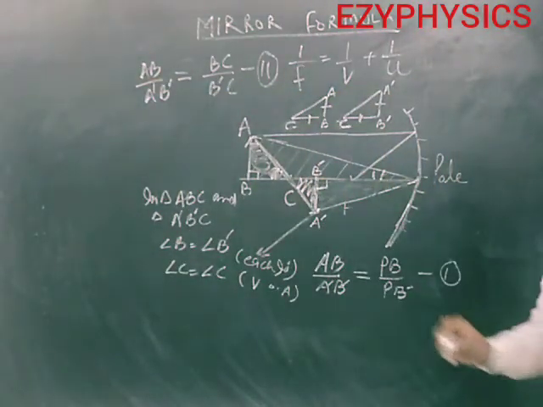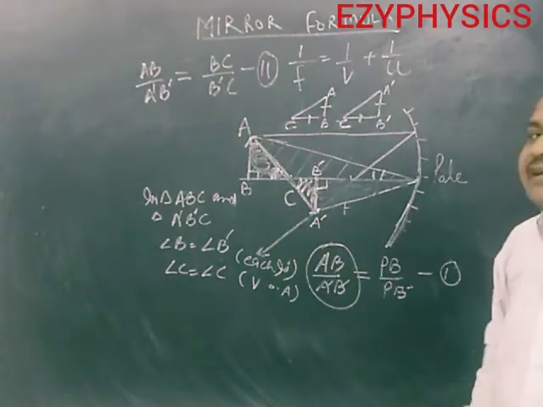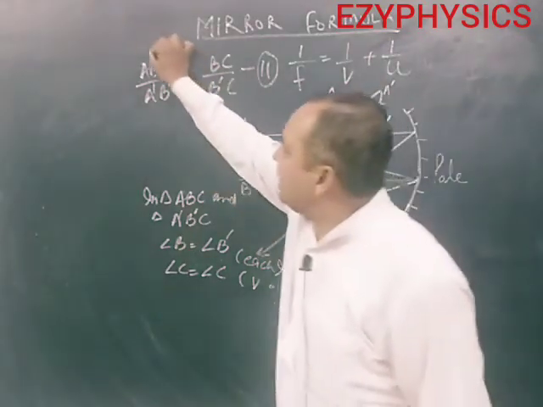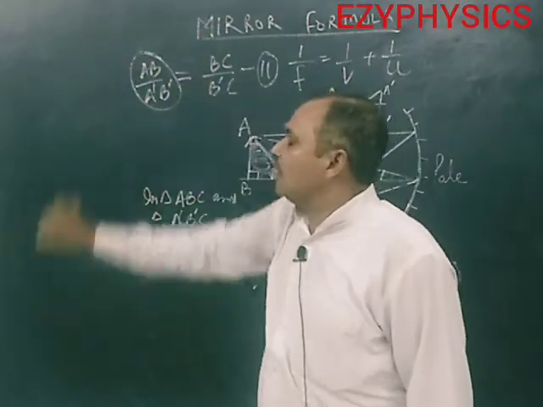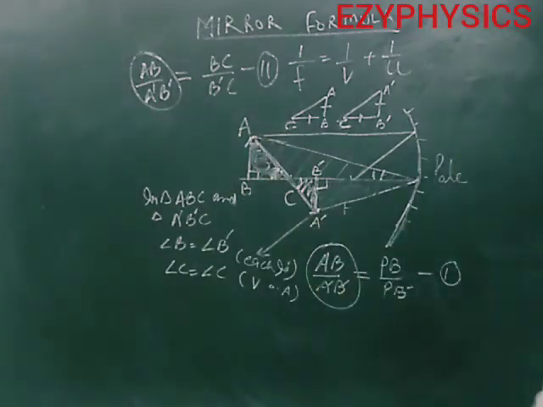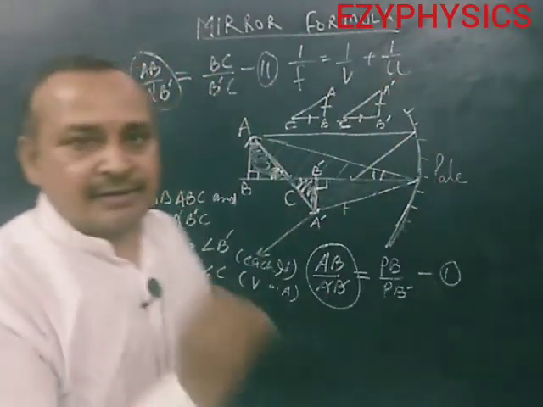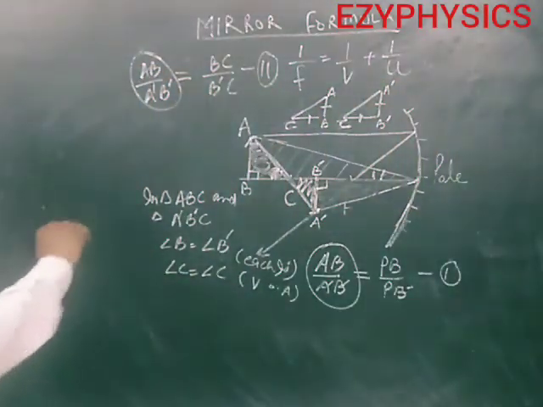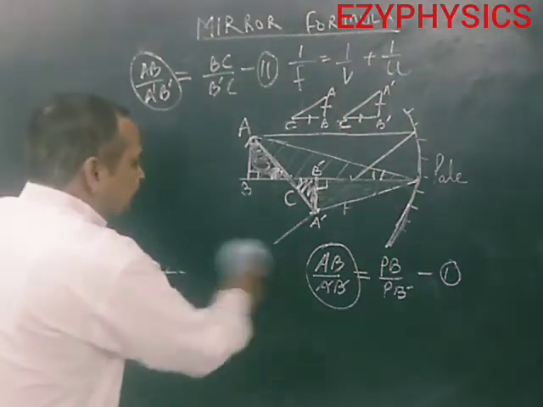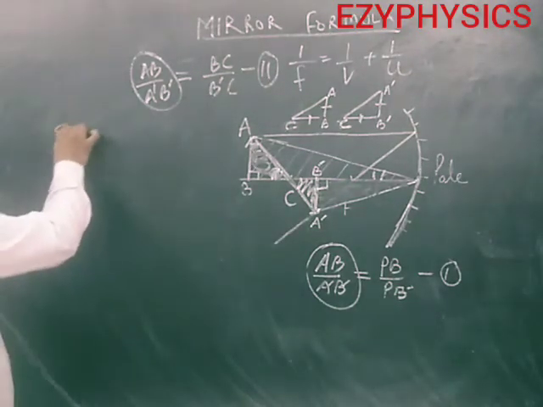So you can clearly see in the first equation our left hand side is AB over A'B', and in the second equation also our left hand side is AB over A'B'. So what can we do? We can equate both first and second. This is going to be my next step.